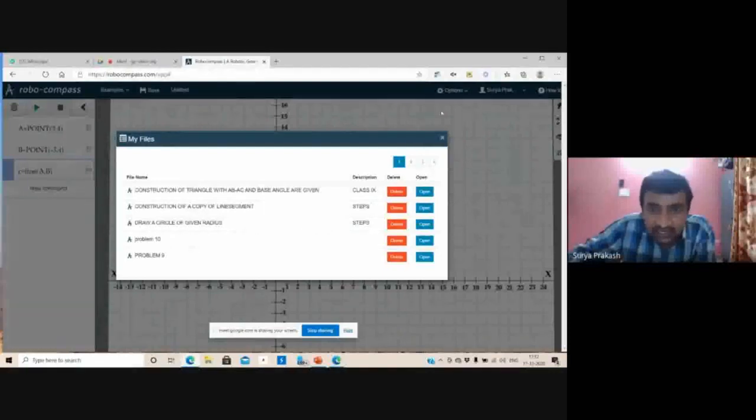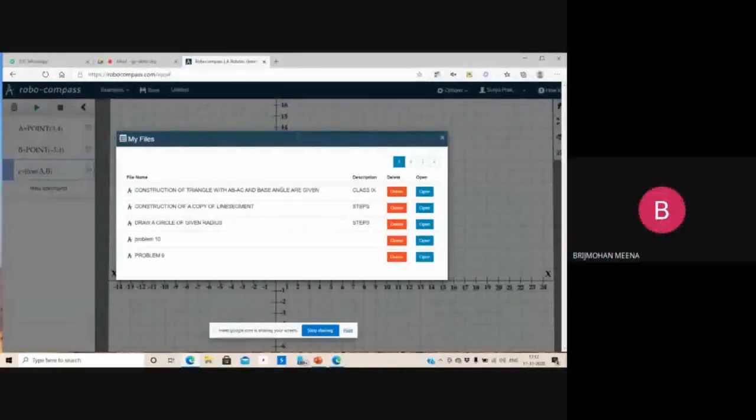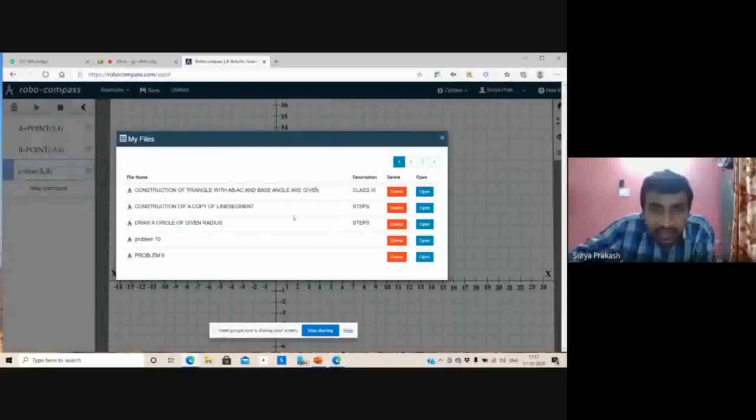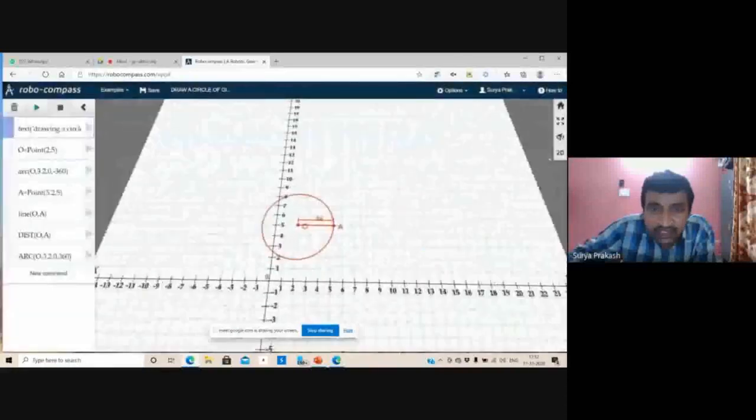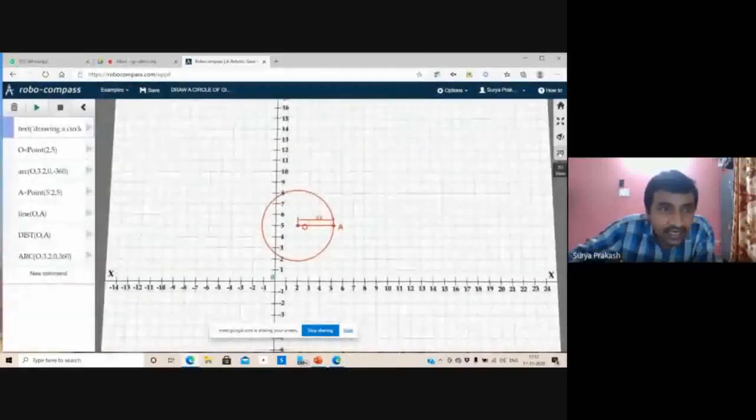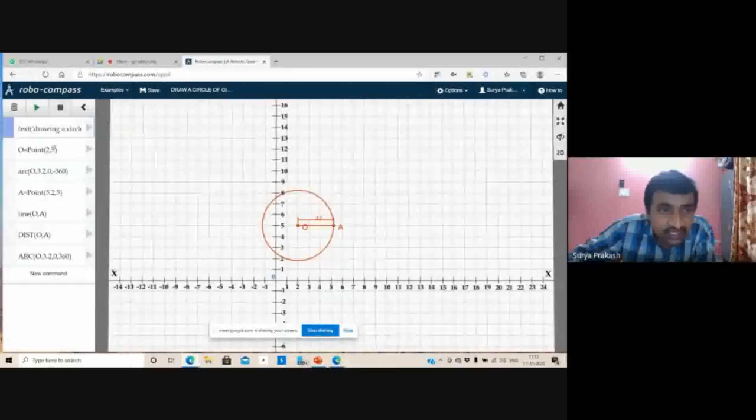For example, these constructions I made over the past 6 years. For example, this question I'm going to explain: draw a circle of given radius. So you can open this and watch. These are the commands I have given before proceeding to the construction.